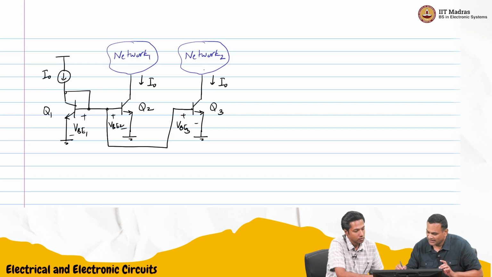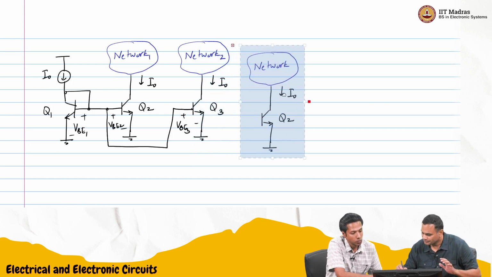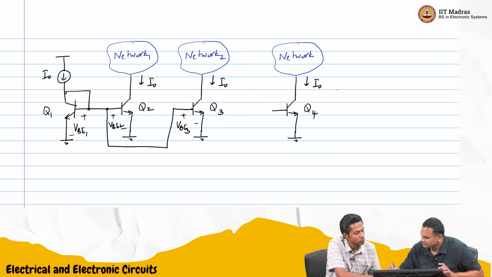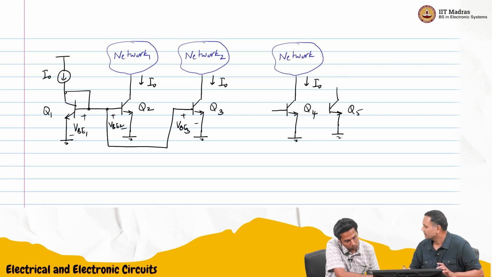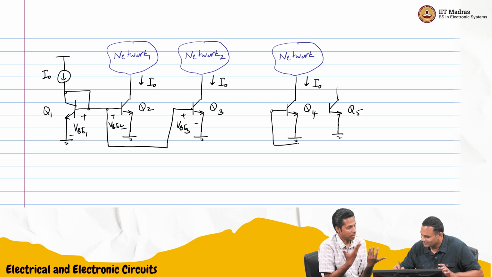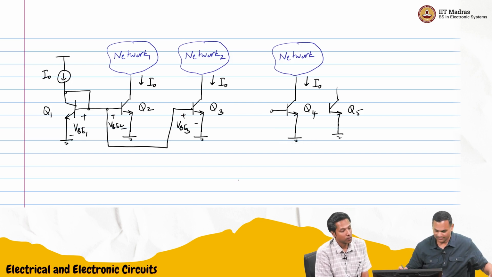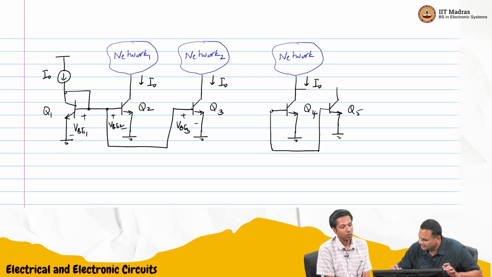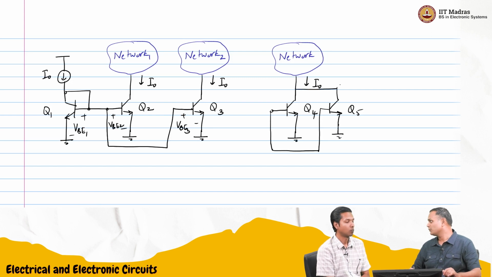Suppose I take one more Q4. I can actually put two transistors in parallel. So Q4 and Q5, if you want to increase the current. I will connect all three terminals of Q4 and Q5 together.